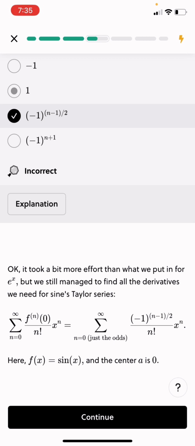Okay, it took a bit more effort than what we put in for e to the x, but we still managed to find all the derivatives we need for the sine Taylor series. As we can see by this big equation, the sum from n equals 0 to infinity of f^n(0) over n factorial times x to the n power equals the sum from n equals 0 to infinity, just the odds, of (-1)^((n-1)/2) over n factorial, and x^n the same.